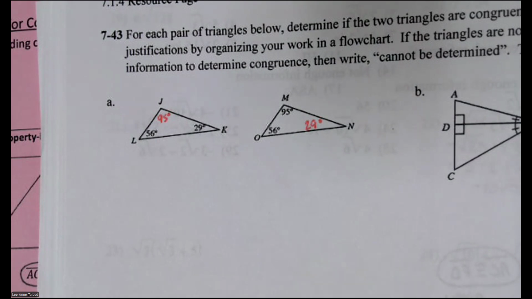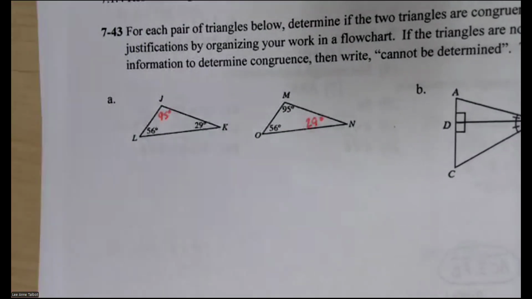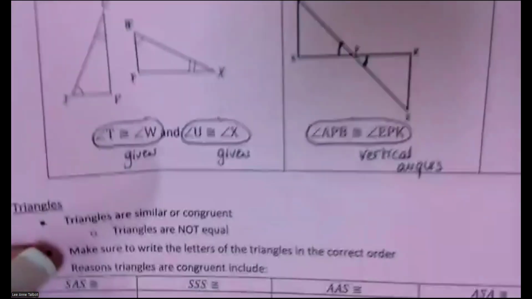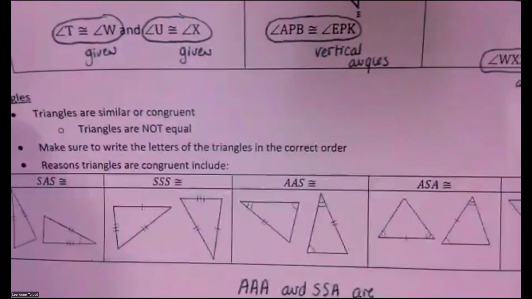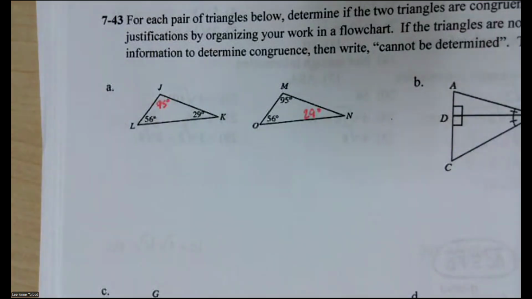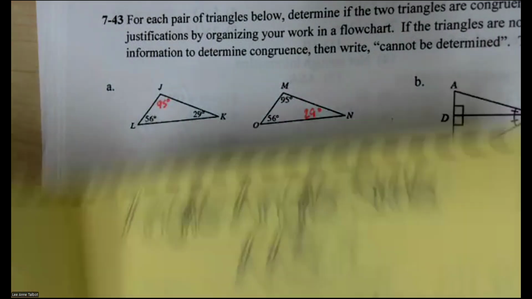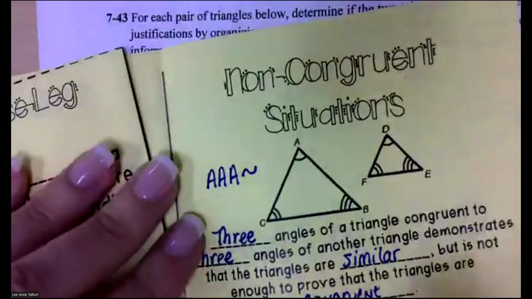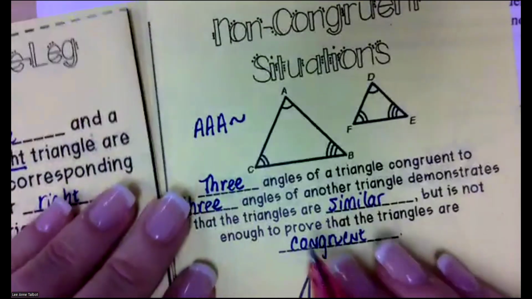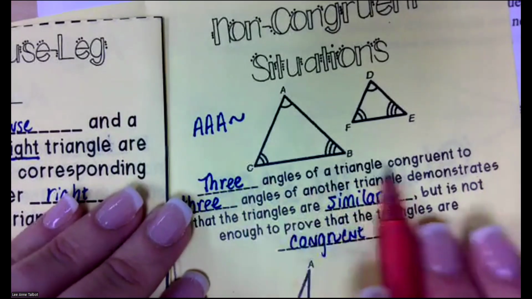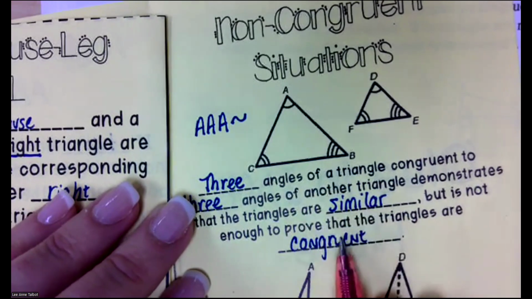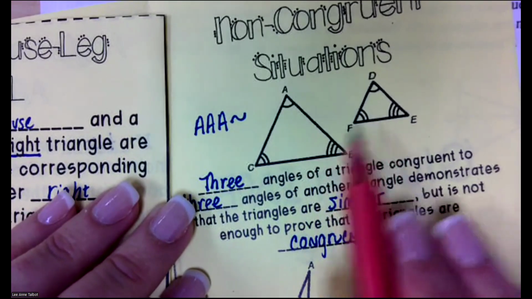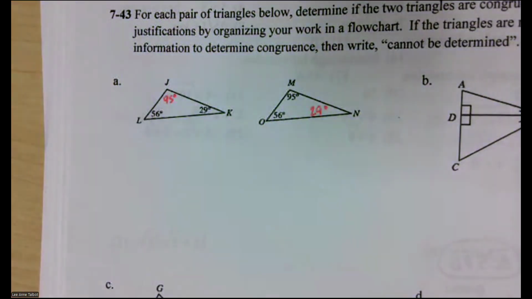All angles. Is angle, angle, angle a congruence theorem? No. So if you remember from your yellow pages, angle, angle, angle is similar, but not congruent. You can have big ones and small ones.